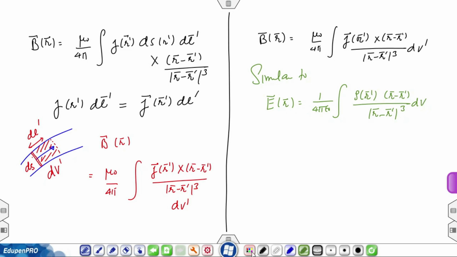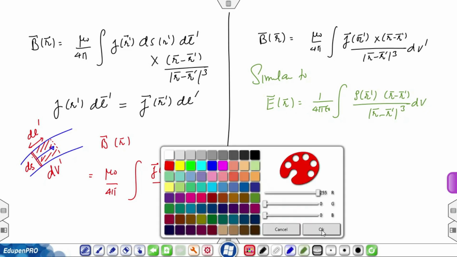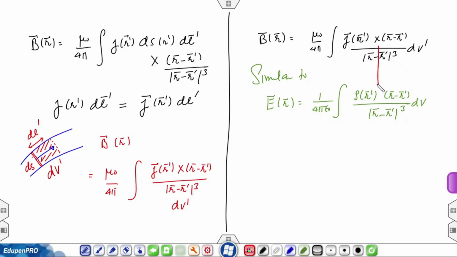The difference is, as I have been saying, this cross product, and that is what makes life a little more involved. Now, from this it is easy to see that divergence of B is equal to 0 and curl of B is equal to mu naught J.